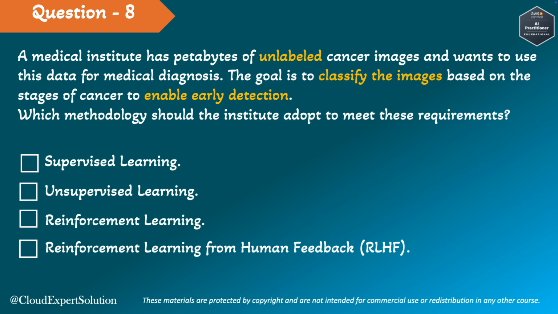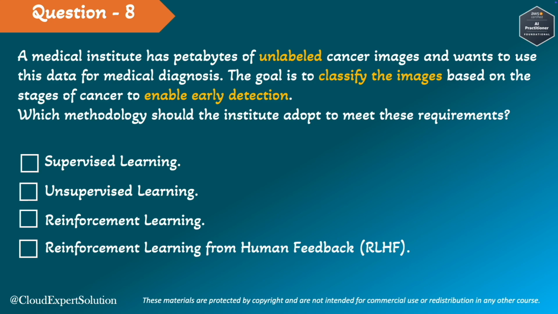Let's identify critical or important phrases. We have unlabeled data. We need to classify the images and we need to use that image to enable early detection. That means we need to find cancer at early stages which is not obvious to human eyes. Now let's review the options.